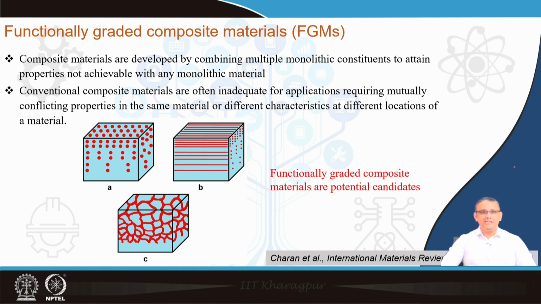However, this homogeneous distribution of the monolithic composites has some limitation, because if we want to combine different conflicting properties, for example, both high hardness at the surface and good toughness or ductility at the core of the sample, this is pretty difficult to attain.